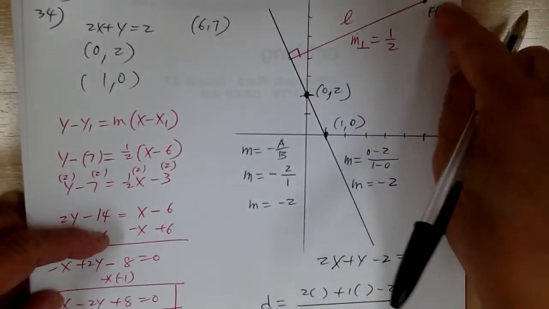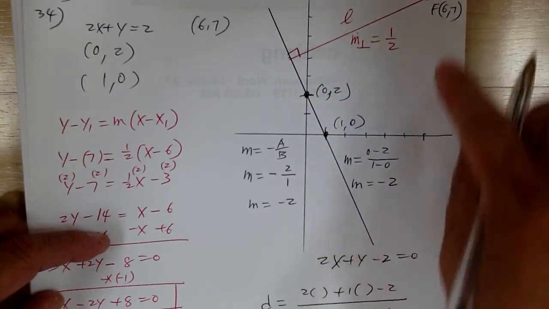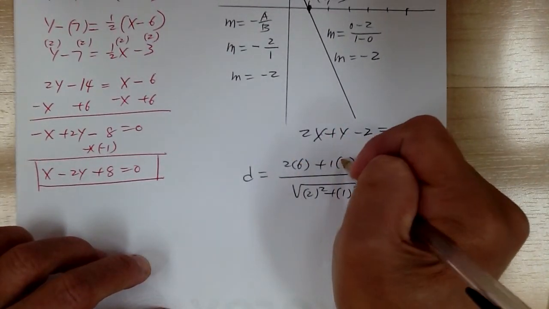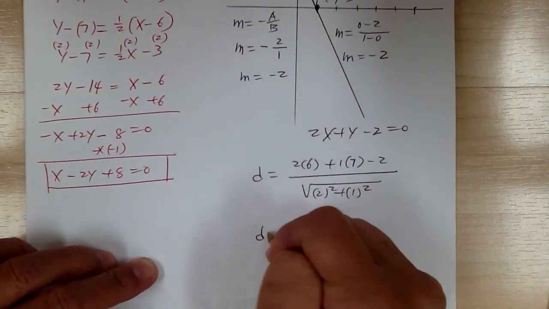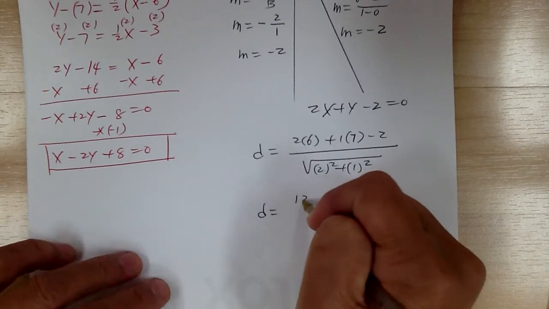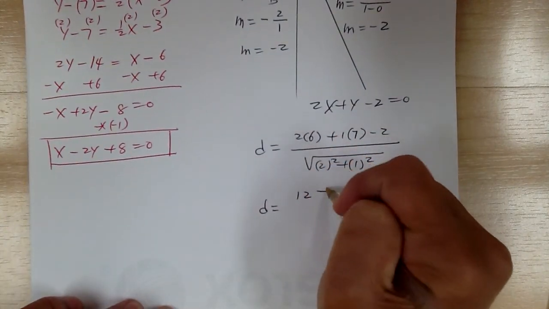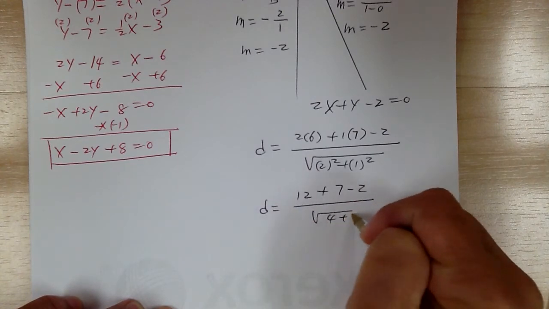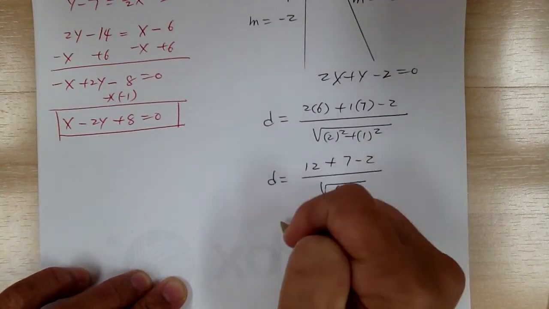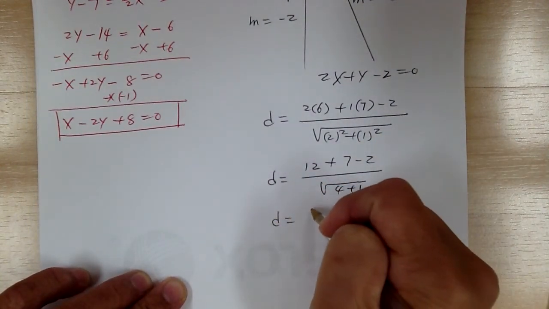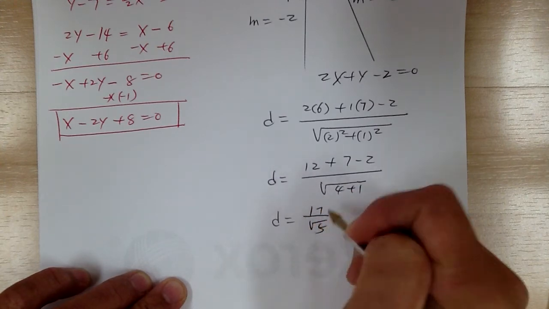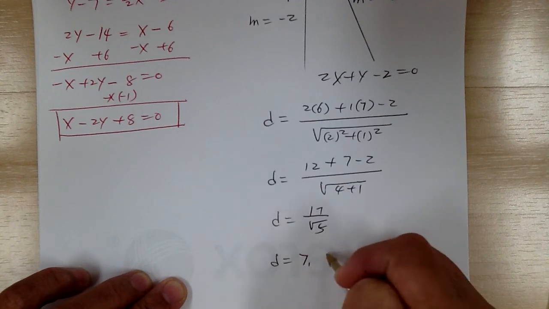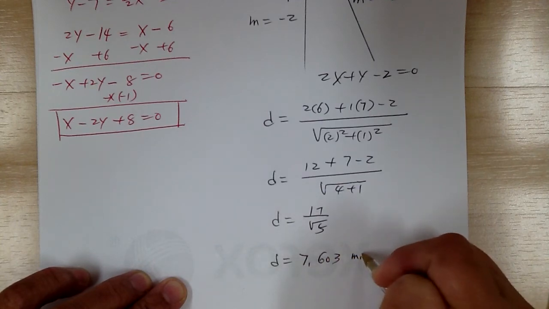And now the point you're going to put in here would be this point over here, 6 and 7. So the distance equals 12 plus 7 minus 2 over square root of 4 plus 1. So the distance equals 17 over square root of 5. If you use a calculator to calculate it out, it gives you 7.603 miles.